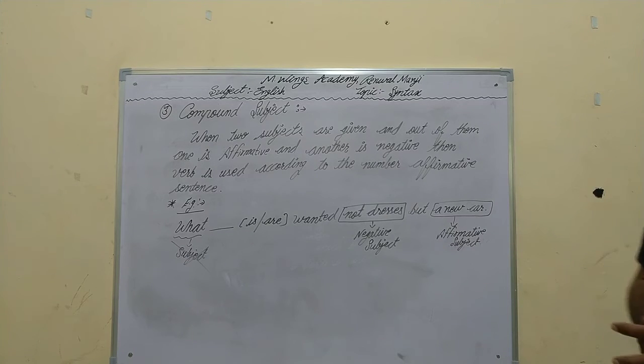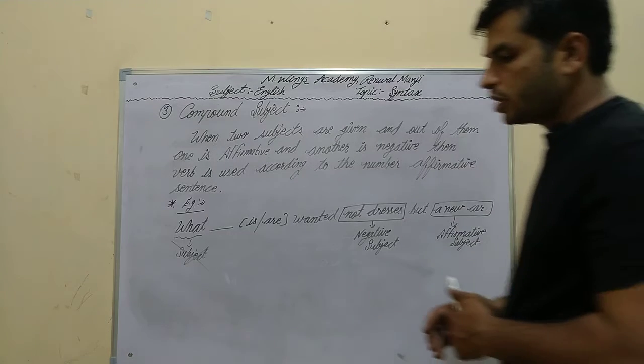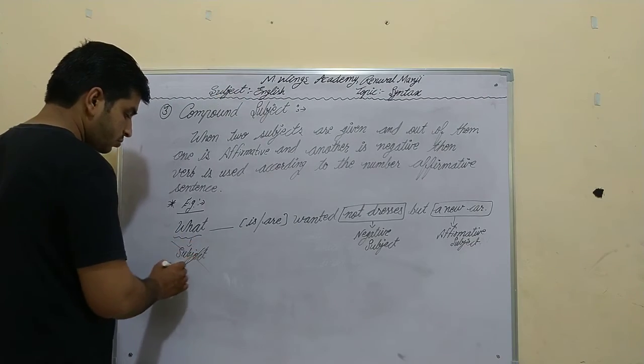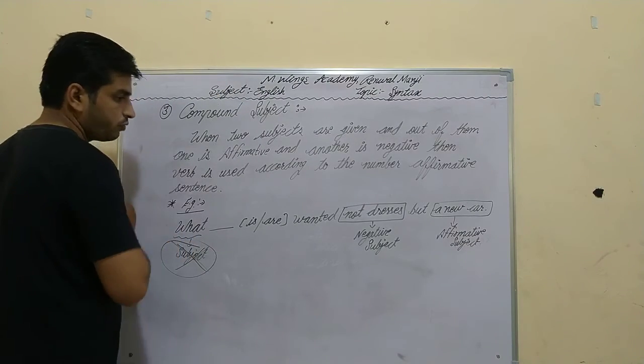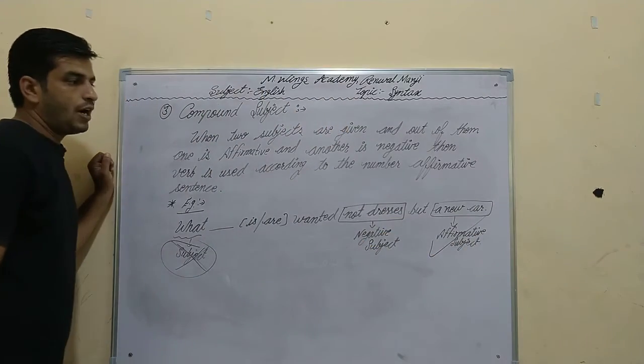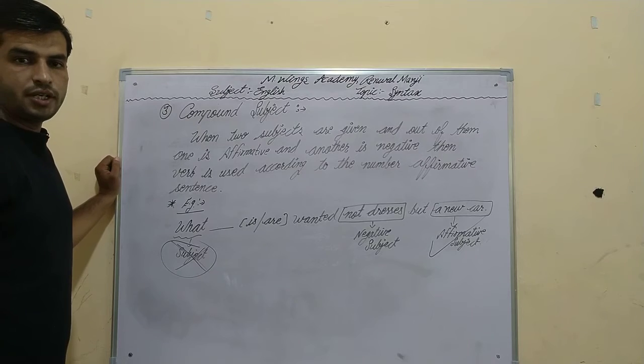Not dresses represents the negative subject and a new car represents the affirmative subject. So in such a condition we use the verb according to the number of the affirmative subject.